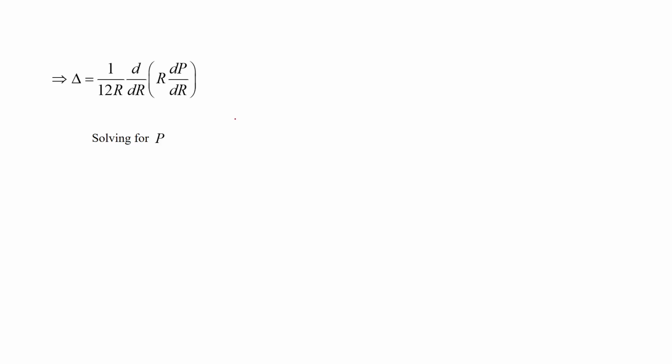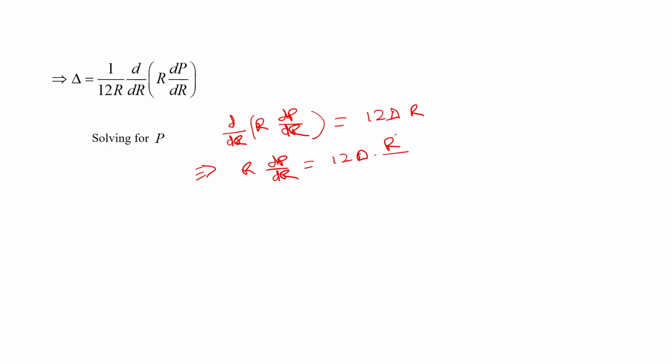So, here it will be d by dr of r dp by dr, and that will be equal to 12 delta into r. Integrating it, r dp by dr is equal to 12 delta into r square by 2 plus some constant.